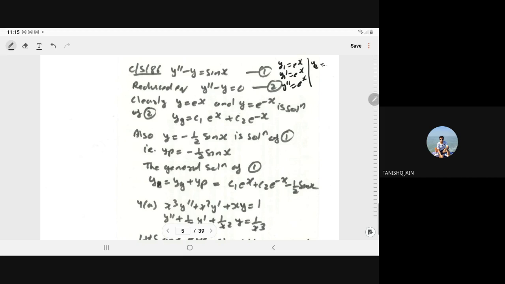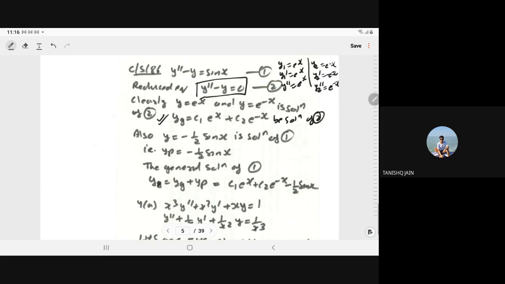Similarly, y2 is equal to e to power minus x, so y2 dash is equal to minus e to power minus x, and y2 double dash is equal to e to power minus x. So you can check e to power x and e to power minus x clearly satisfy this equation. So by the theorem, we say that the general solution will be C1 e to power x plus C2 e to power minus x, the solution of the homogeneous equation.